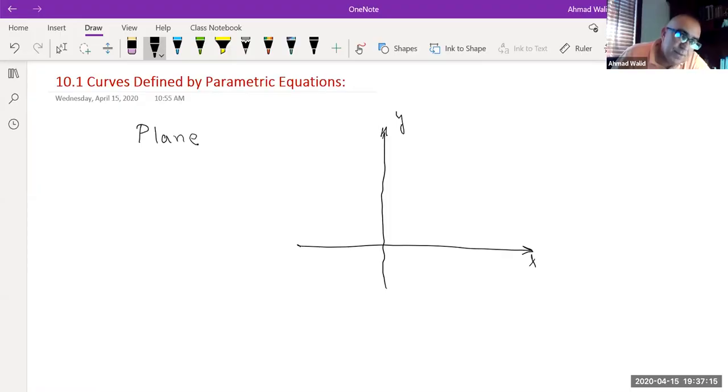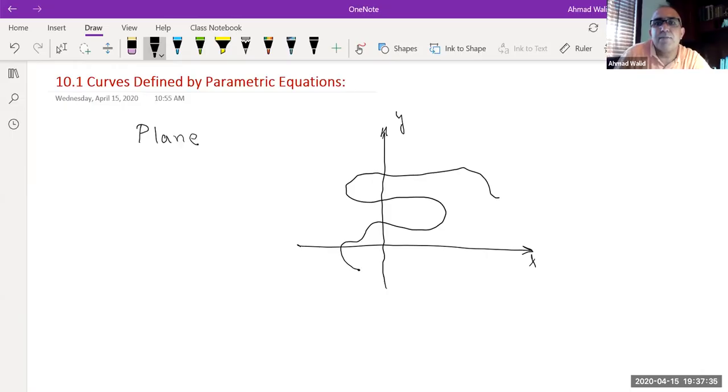For example, I have a particle that's moving on a surface. Let's think it's a whiteboard and a bug comes in and this bug starts moving on our whiteboard, right? Something like this.